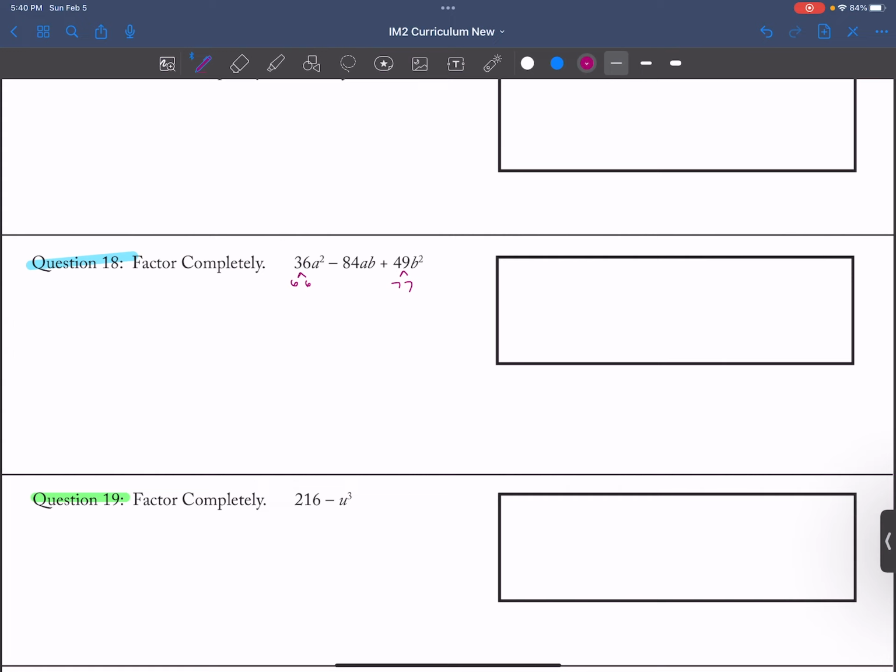And then 6 times 7 is a 42 and a 42, which make 84. So if you're doing this, I'm all for doing the box or the X and everything, but I'm not for you guys spending a lot of time doing a bunch of arithmetic. So here's your negative 84, right? And then your 49 times 36 is a big number, right?